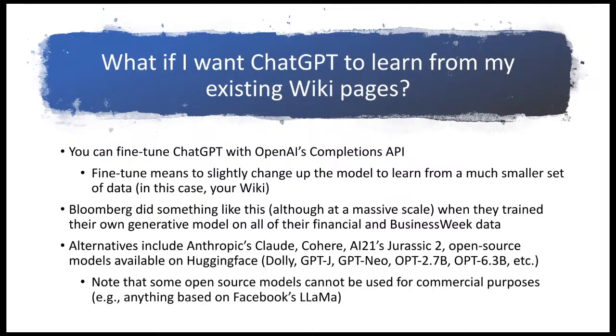To do that, you're going to have to start going into much more specific solutions. Just using ChatGPT and playing around with it won't be enough. You can change up ChatGPT with OpenAI's completions API. Say I have some private wiki pages on content that ChatGPT does not know well.